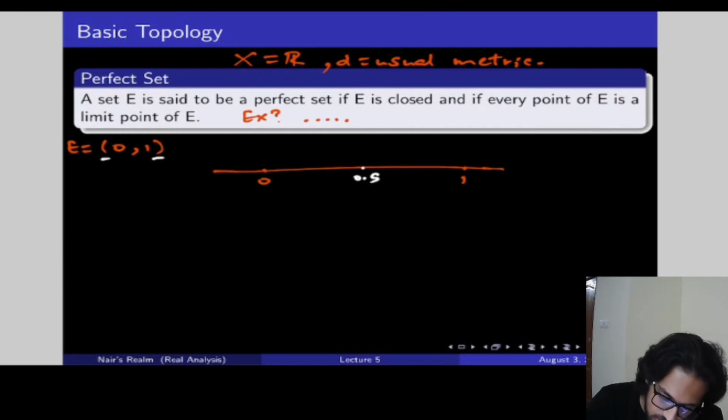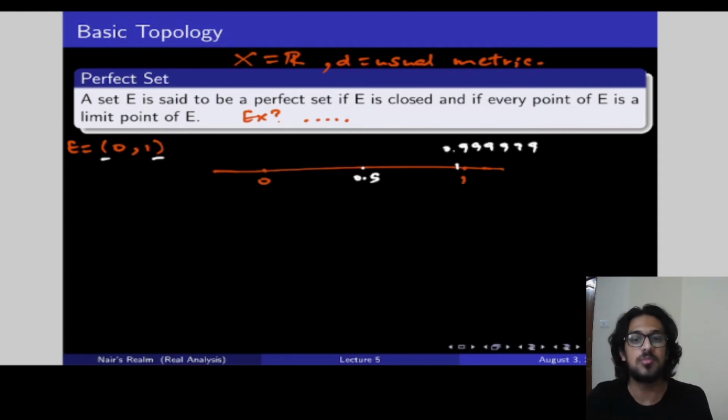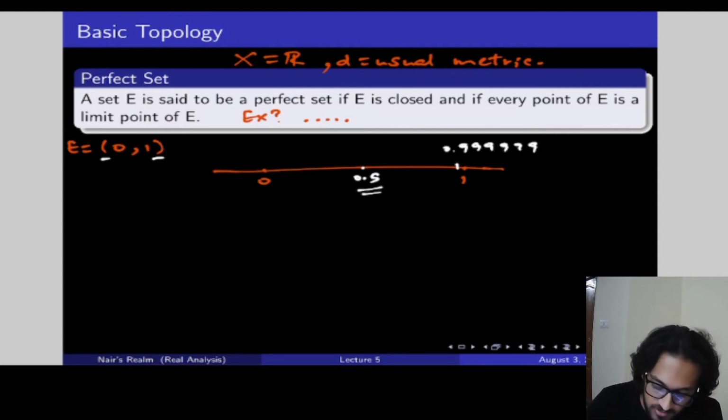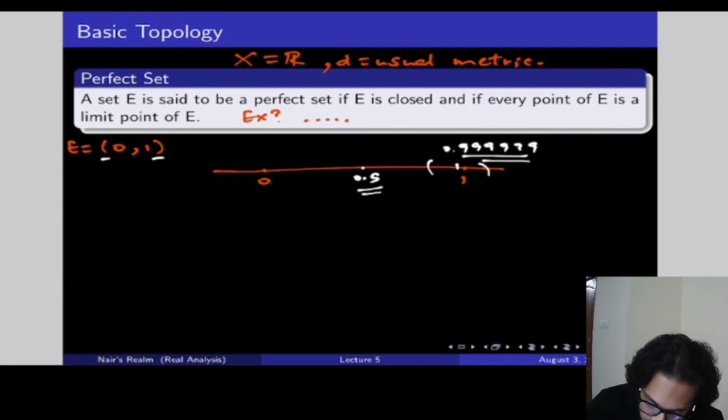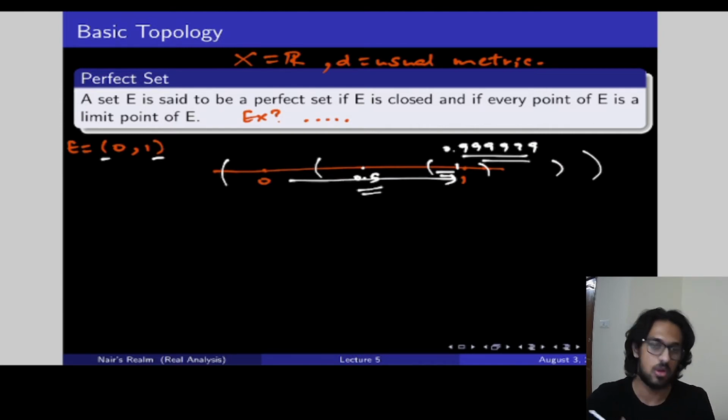If I take some point here, which is 0.999999, that is also a limit point for the same reason. Because every neighborhood centered at this point, whatever the radius is, will include some points of E, and therefore the intersection will always be non-empty.